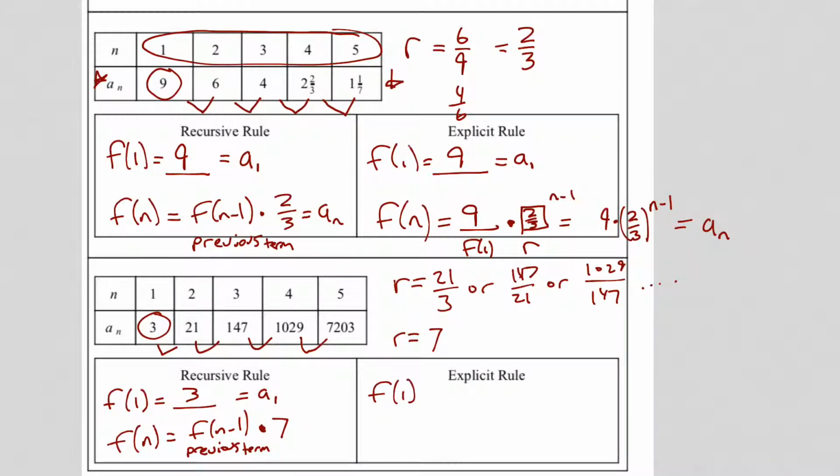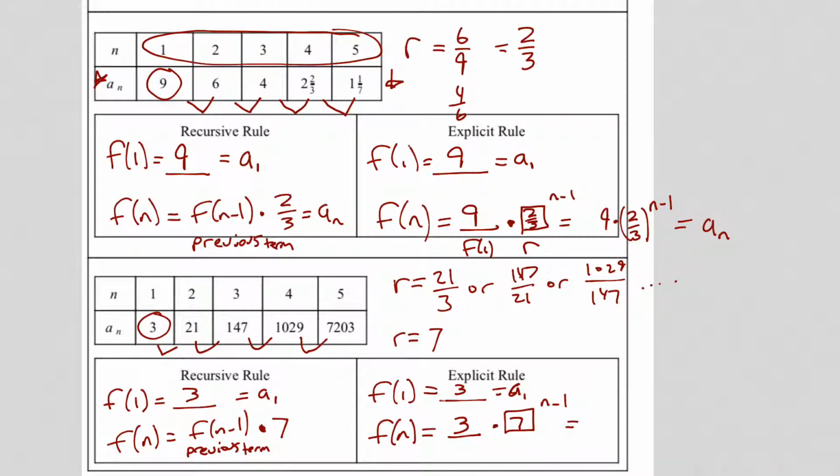And the explicit formula is the same thing. f of 1 is equal to 3, which is also the same as a sub 1. a sub 1 and f of 1 are interchangeable symbols. And then f of n is going to be equal to whatever f of 1 is times whatever r is to the n minus 1 power. So here goes f of 1, here goes r, and you're done.